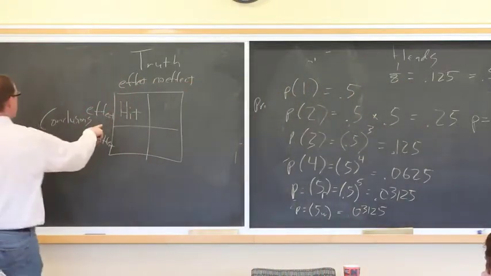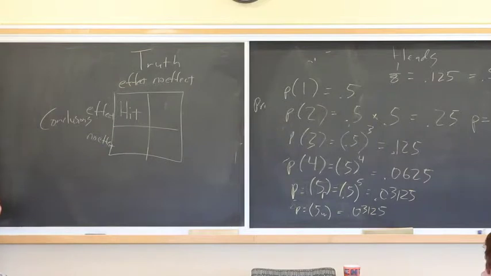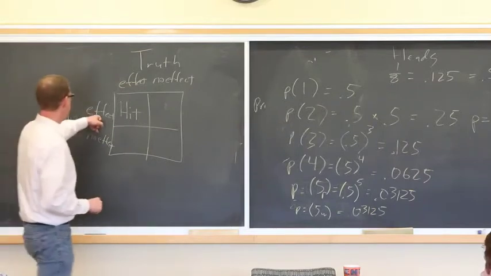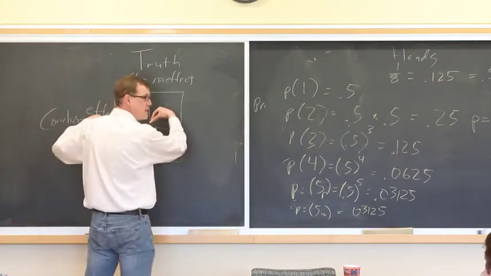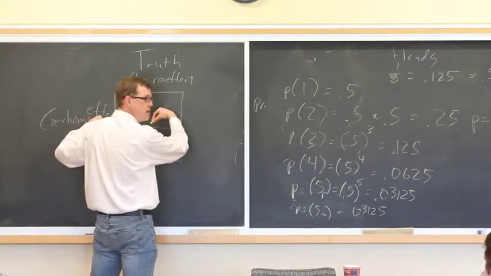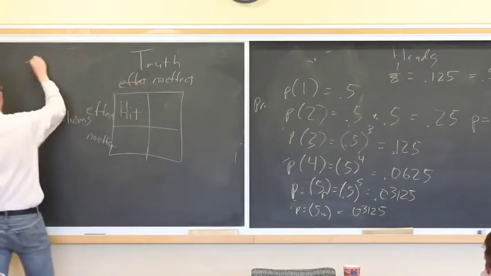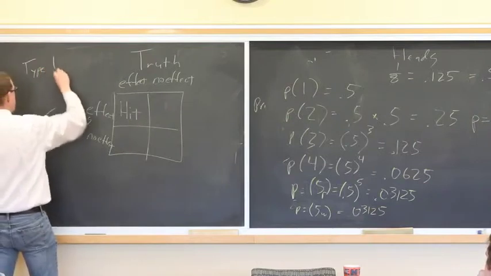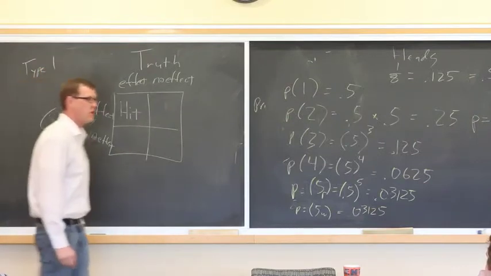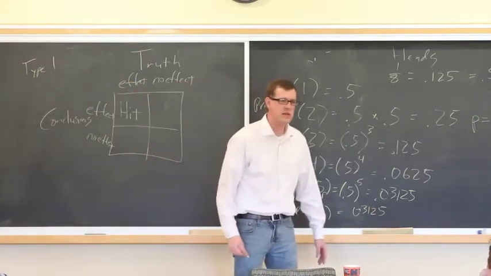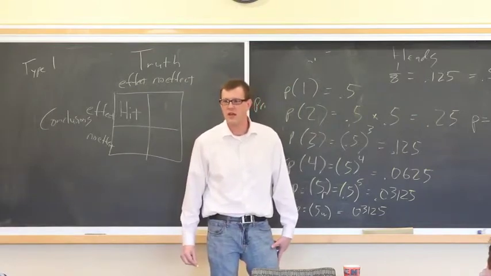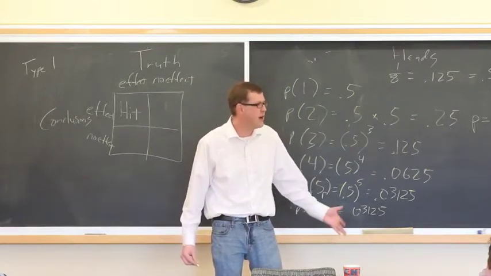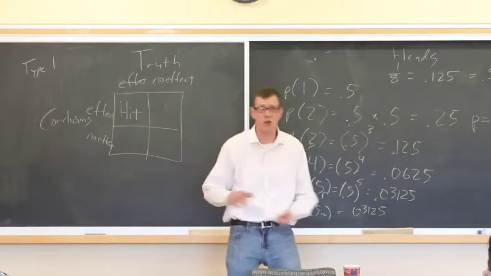What would a miss be? You say there's an effect, but there's no effect. Someone said type 1 error. Wait, so if you miss something, does that mean you said it's there and it's not? So there's a fire in the school, and I'm like, holy crap, there's a fire.